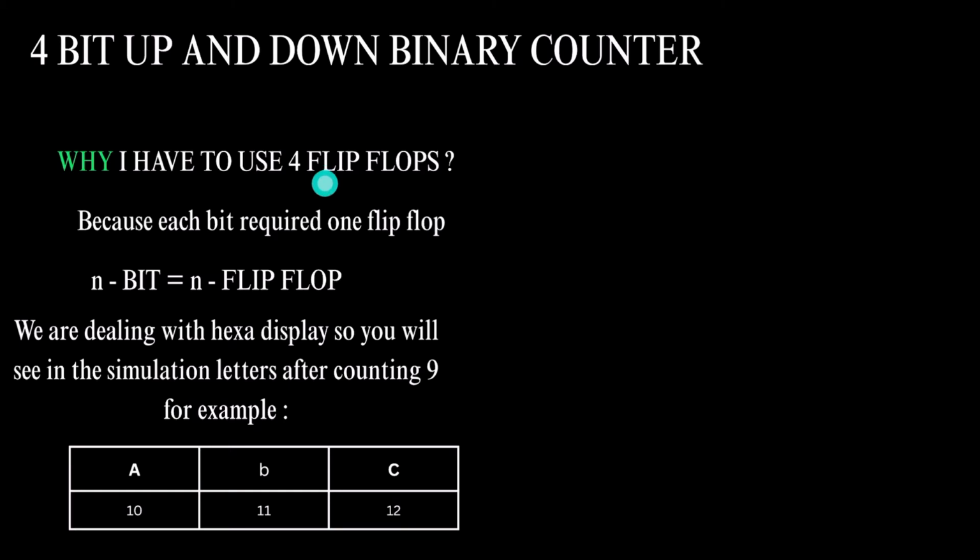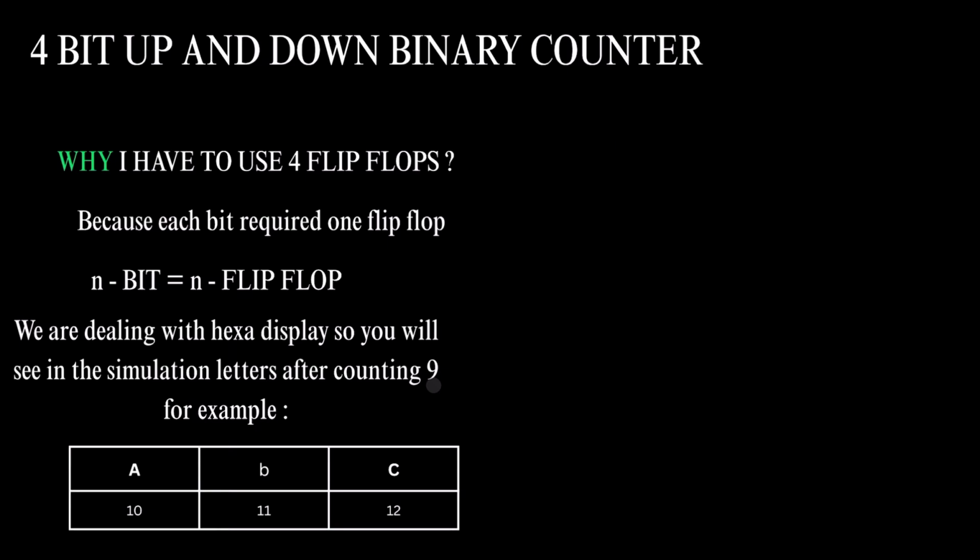Why do I have to use 4 flip-flops? As I said, because each bit requires one flip-flop. I wrote this equation, which will help you understand the whole idea: number of bits equals number of flip-flops. We are dealing with a hex display, so you will see letters in the simulation after counting 9.